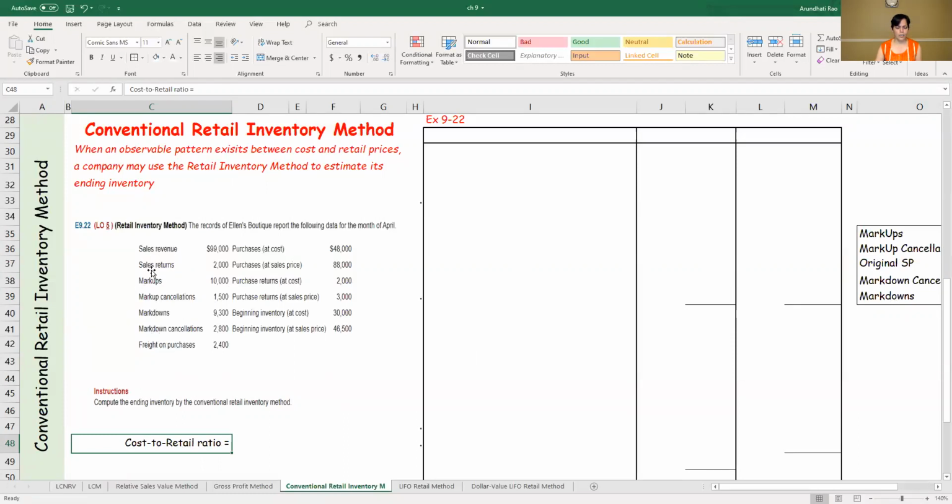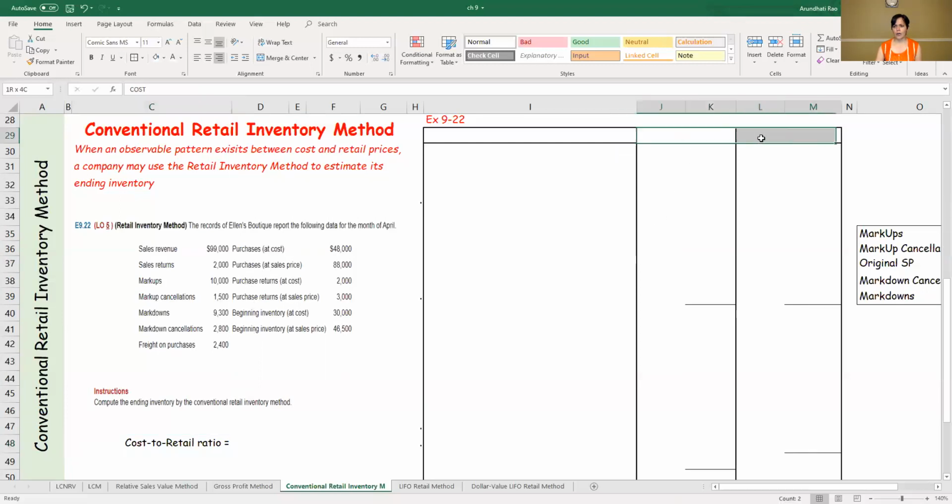We have sales revenue, sales return, markup cancellations, markdown cancellations, freight in on purchases, purchase at cost, purchase at selling price. That is basically the cost to retail that we're talking about. The purchase return at cost, purchase return at selling price, beginning inventory at cost, and beginning inventory at selling price.